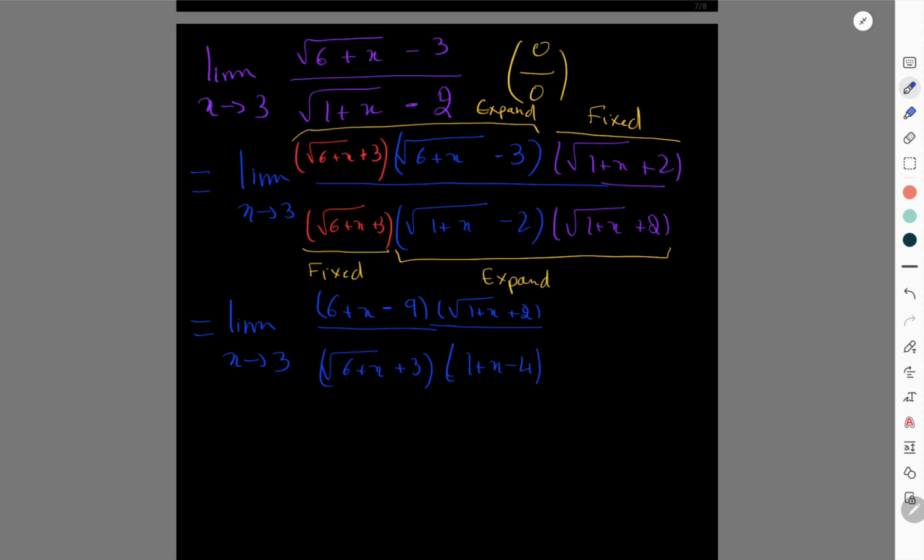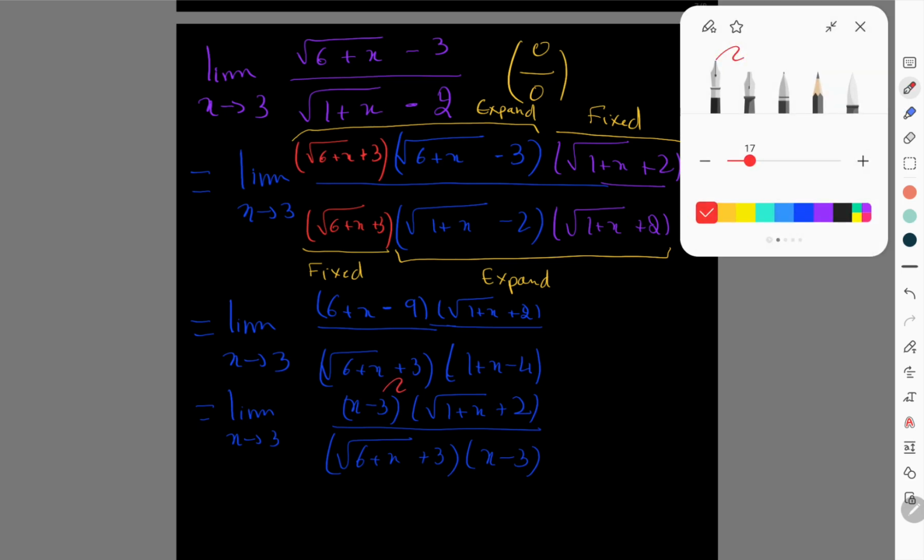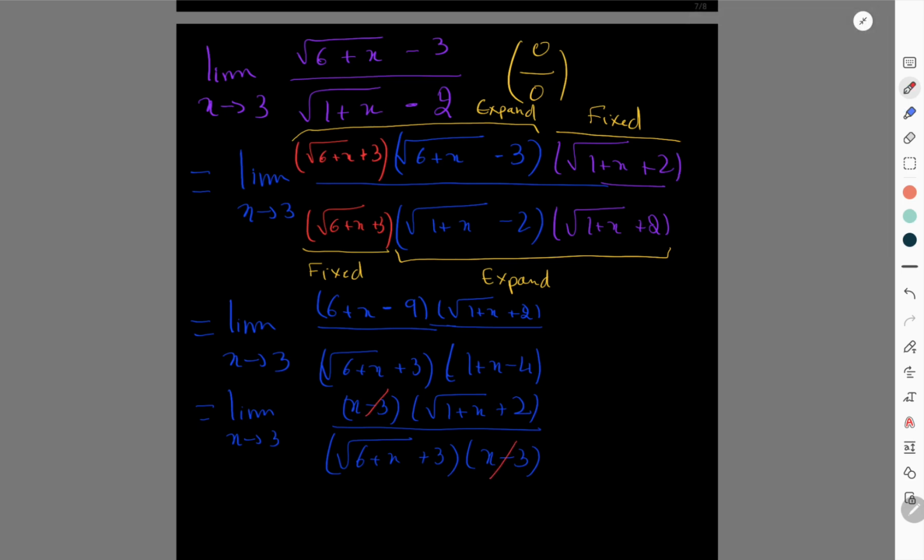Notice here in this configuration, I can cancel. Well, let me rewrite this down. Here is x minus 3 times square root of 1 plus x plus 2, and in the bottom is square root of 6 plus x plus 3 times x minus 3. So really, this helped me in canceling the x minus 3.